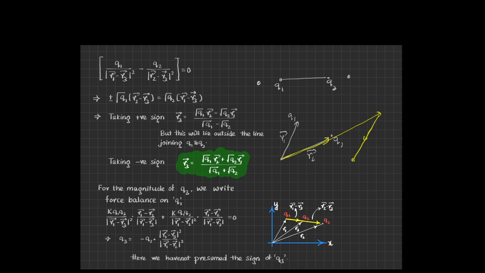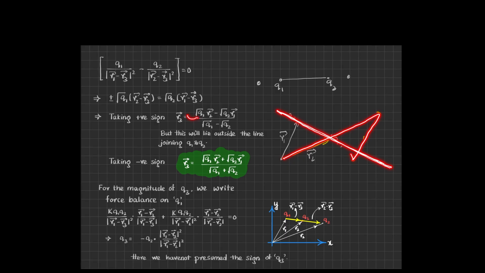So our equilibrium point should lie somewhere joining the line q1 q2, right? So if I extend the line joining q1 q2 and I extend this yellow line which shows us this value. So look, they try to intersect somewhere outside.